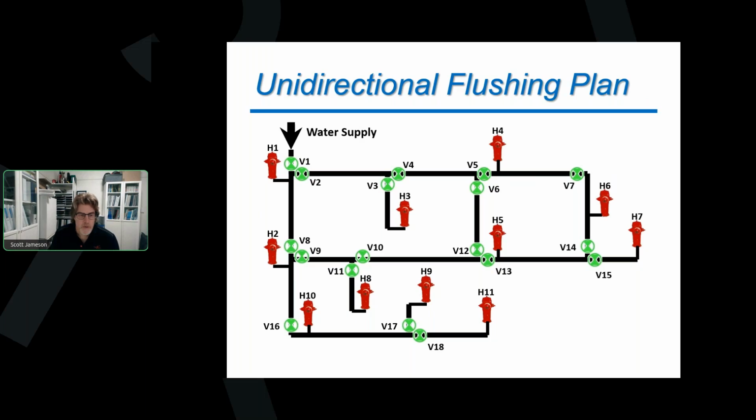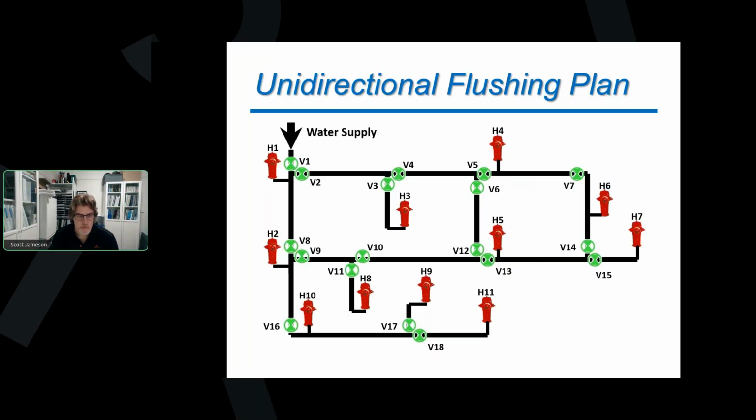Once again, all we're trying to do is hit those goals of clean water from the water source to the very far ends, no one out of water, maximizing the velocity. Okay, we have a unidirectional flushing program.